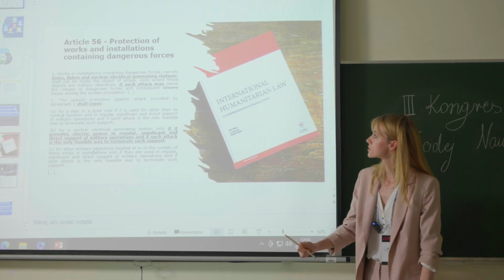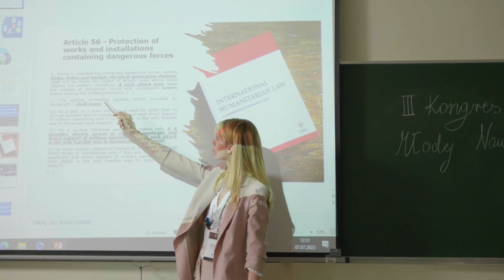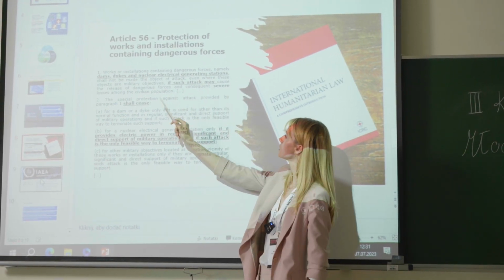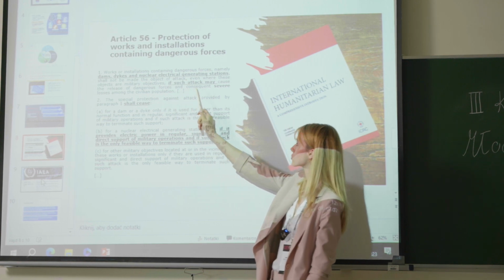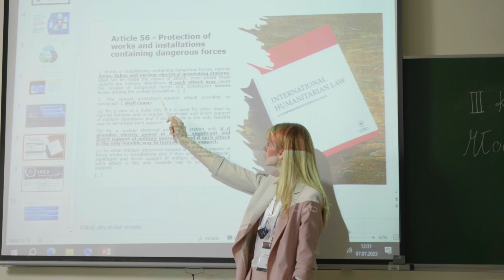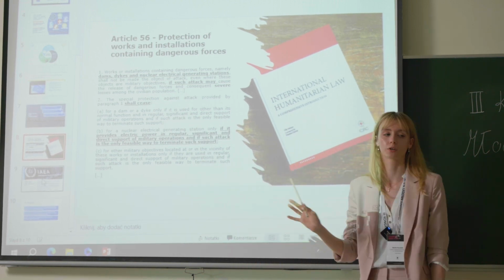Why? Because the first paragraph says that works or installations containing dangerous forces, this is radiation obviously, namely dams and nuclear electrical generating stations, which is important for us, shall not be made the object of attack, even when they are military objectives.